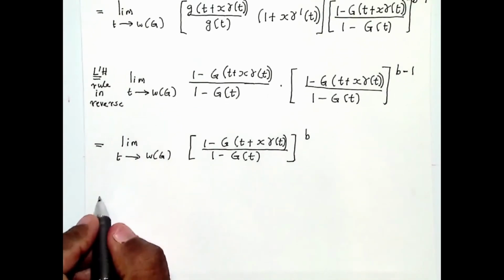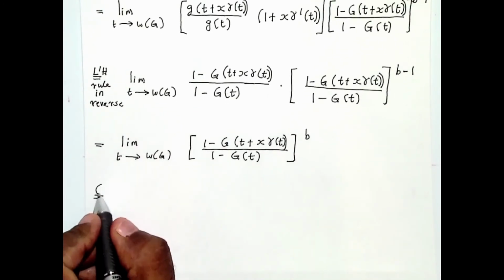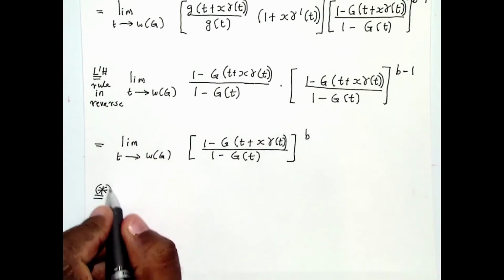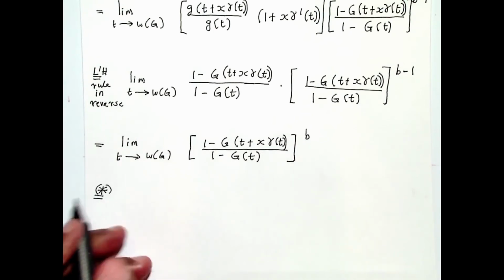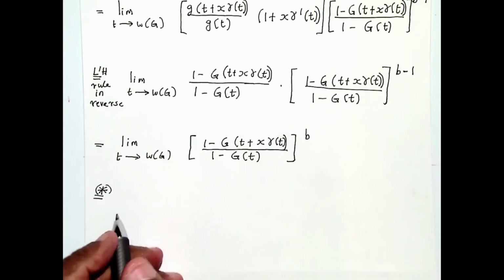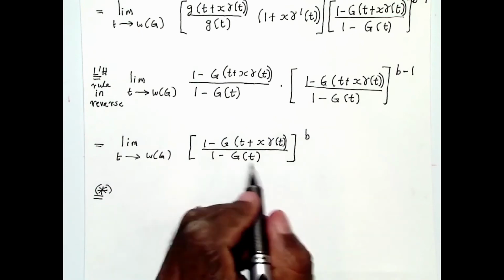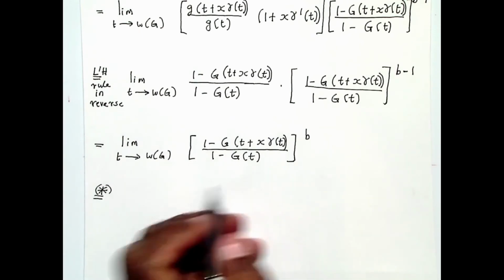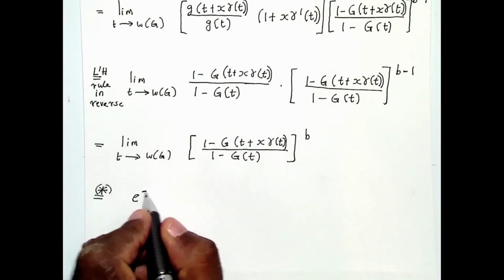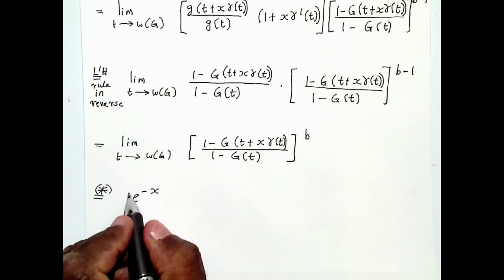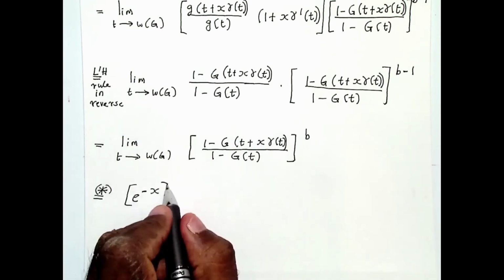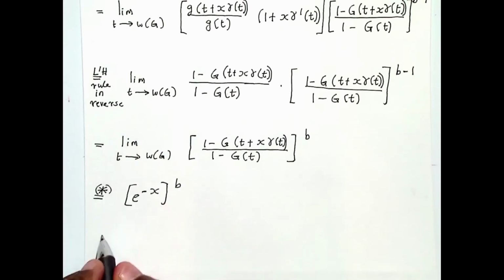Okay, in the next step, I'm going to use star, which is the assumption that I made in the previous slide. According to that, the limit of what is inside the brackets is equal to this. All right, so this is equal to this.